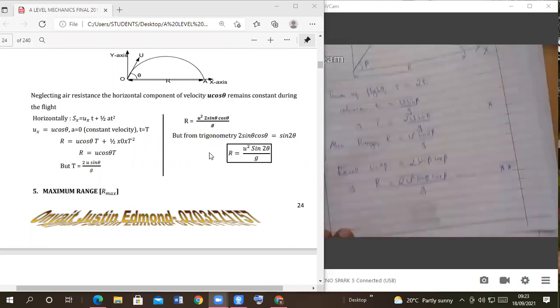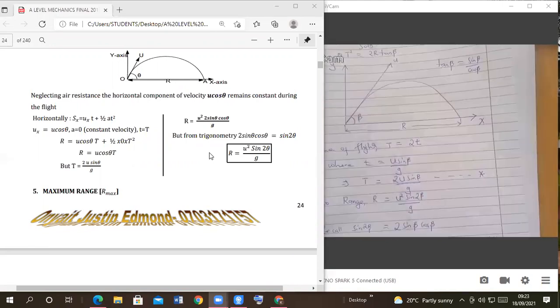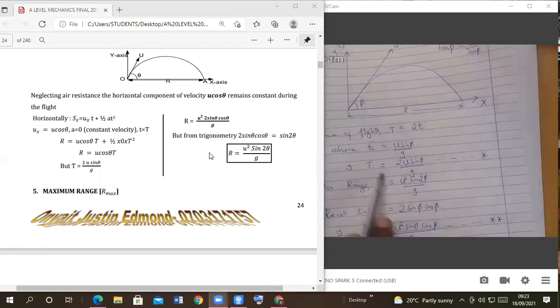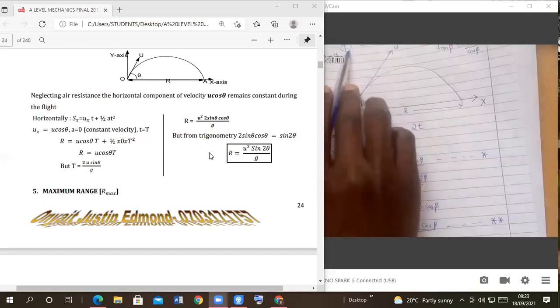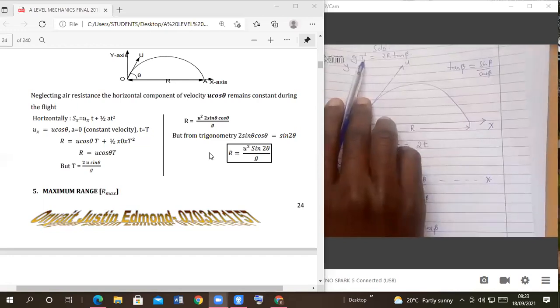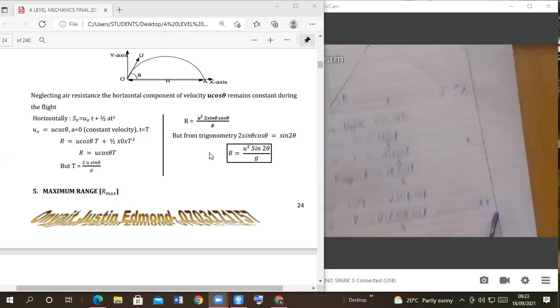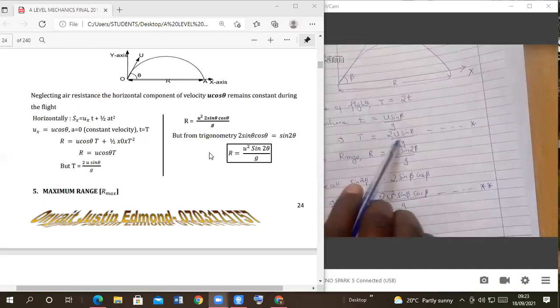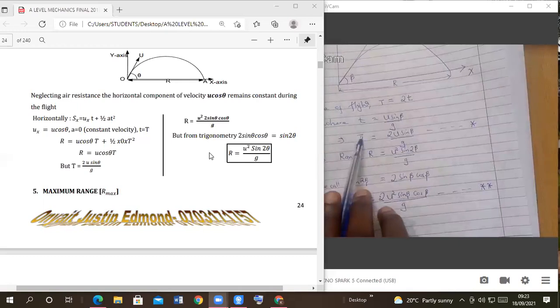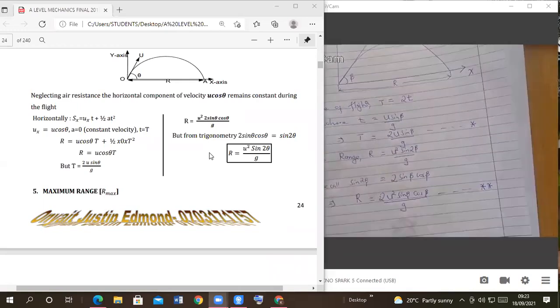Now, if we look, we want t squared. Where do you think we can get t squared from, members? Which means t squared must come from the time of flight. Are you following me? Because here I'm seeing t squared, so you must reason logically. Where can I get t squared from these two expressions? I can get t squared only from the time of flight, by squaring the first equation.